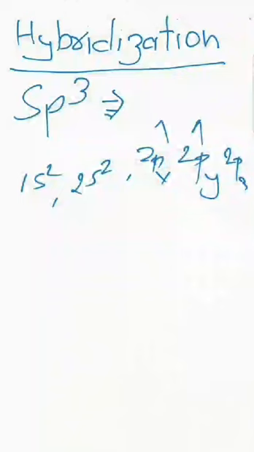When carbon undergoes bonding, it goes into the excited state. In the excited state, just before the hybridization, the electronic configuration becomes 1s2, and one electron from the second shell s orbital gets shifted to the p orbital.